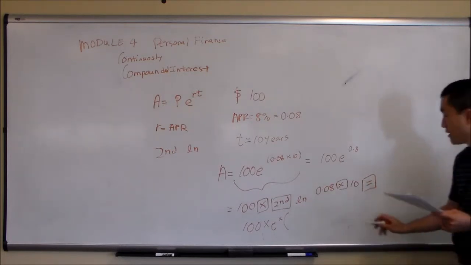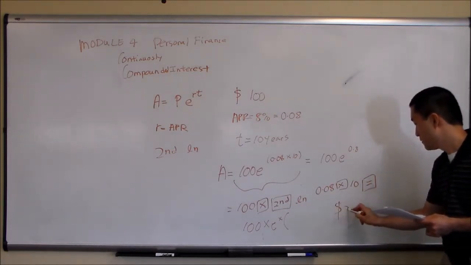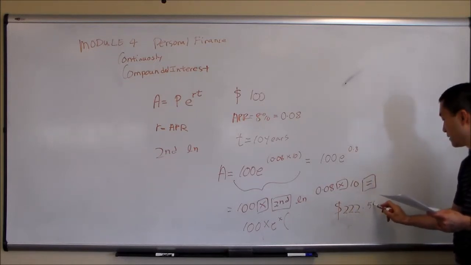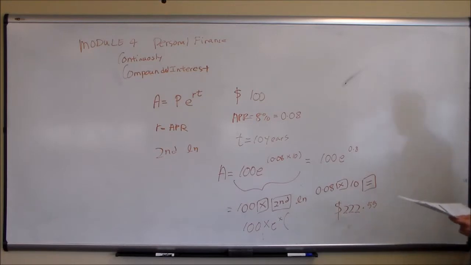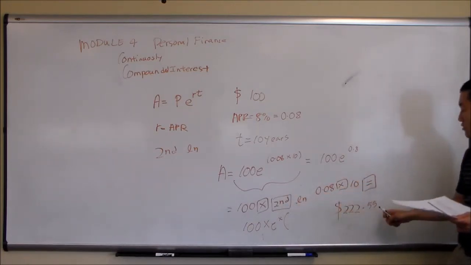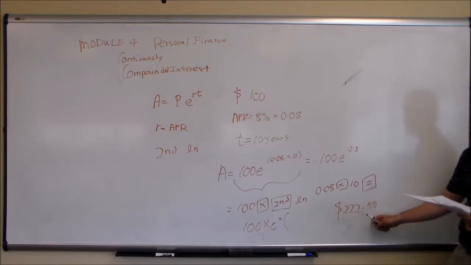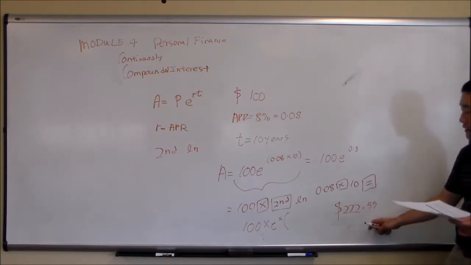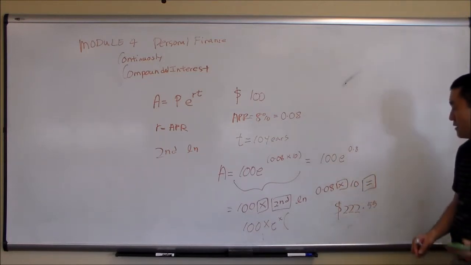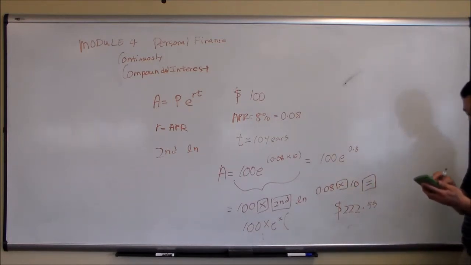And if you do that, you get 222.55. So practice this and make sure you get 222.55. 100 times second key, ln key, and then 0.08 times 10. So let me just make sure that's the case.